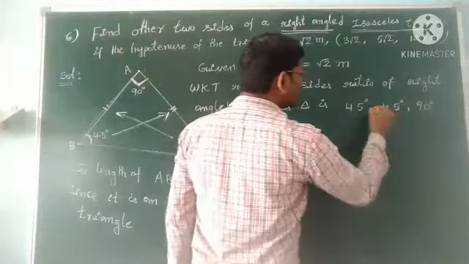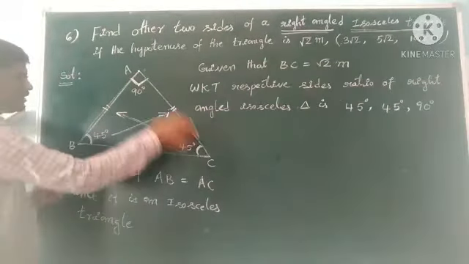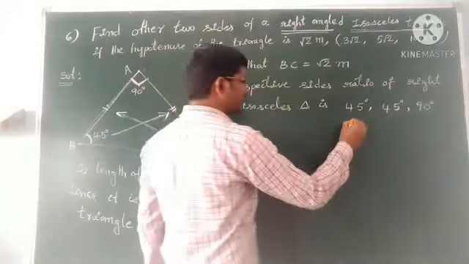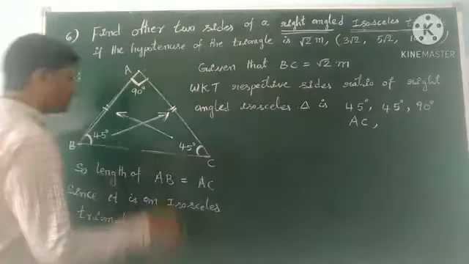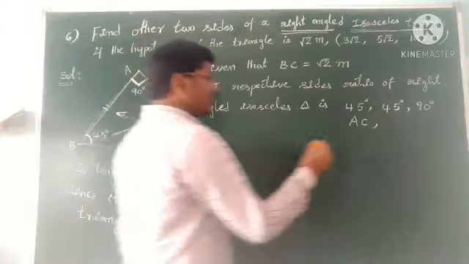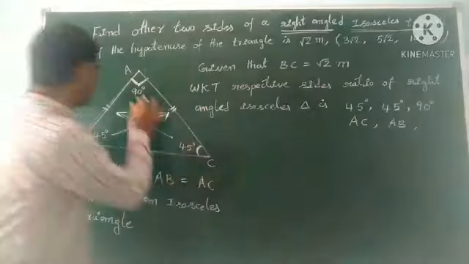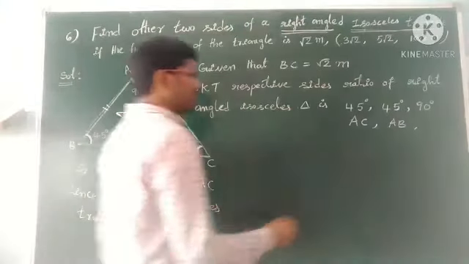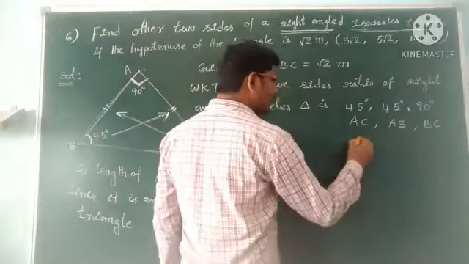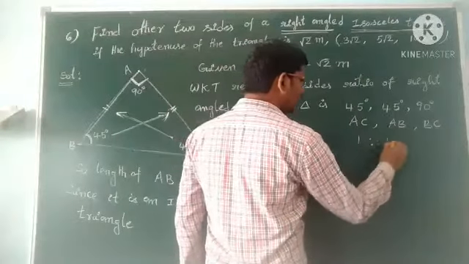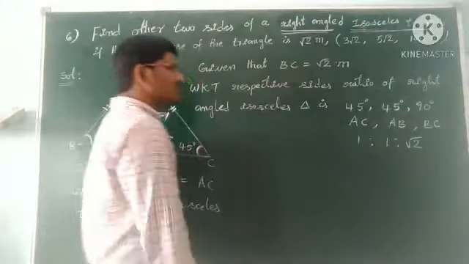The side opposite to 45 degrees is AC, the side opposite to the other 45 degrees is AB, and the side opposite to 90 degrees is BC. The ratio is 1:1:√2.